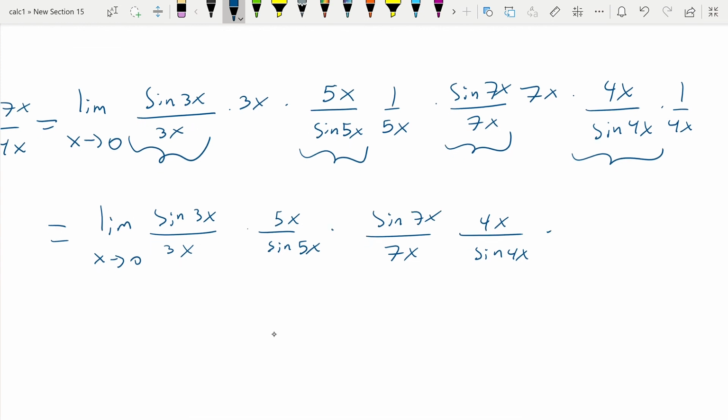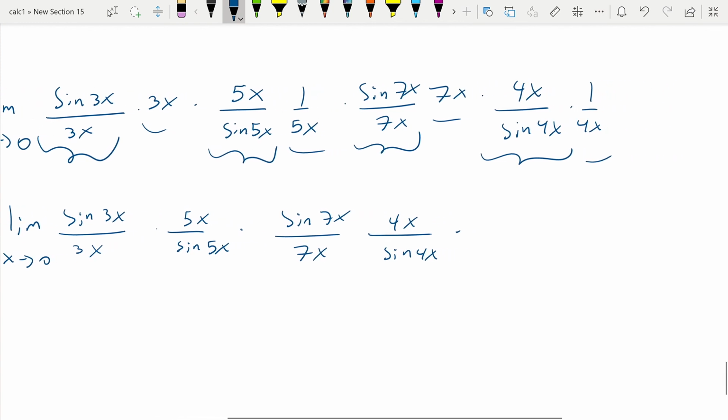And now we put together the 3x, the 1 over 5x, the 7x, and the 1 over 4x. You see here that we have an even number of x's in the top and the bottom, and they cancel out, so you have 2 x's coming from 3x and 7x, and 2 x's in the bottom coming from 5x and 4x.